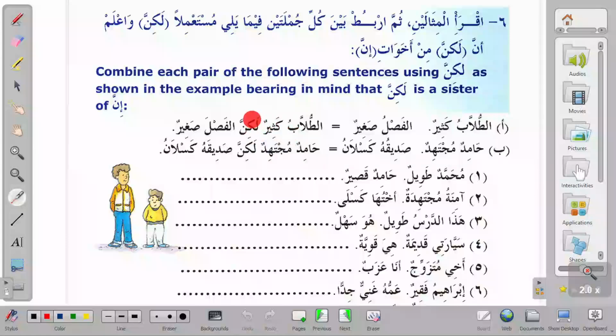That particular noun just coming after lakinna is what we term the ism lakinna. So it will be mansub, just like inna. That's why they say min akhawati inna, it's just from the sisters. They all have the same effect. It is making that noun the exception, and that noun is always going to be mansub. So lakinna al-fasla, not al-faslu. Lakinna al-fasla saghirun, and this is the khabar which will always be marfu.